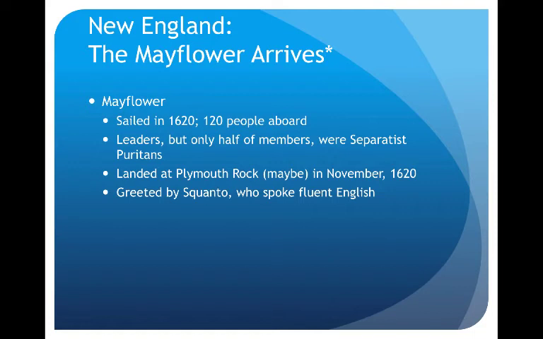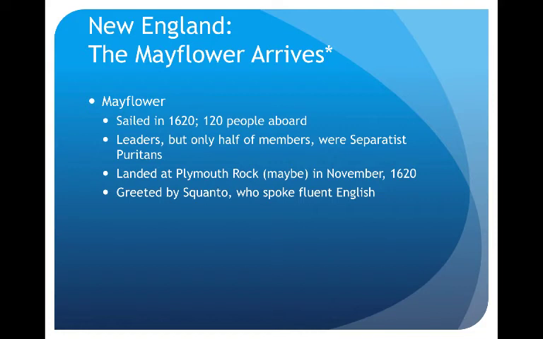He'd eventually gotten his freedom and returned to Massachusetts in 1619. But when he arrived back home, he found his tribe had been completely wiped out by an epidemic, probably smallpox. So he was all by himself until 1620 when the Pilgrims arrived. So he was probably at that point happy to have some company.